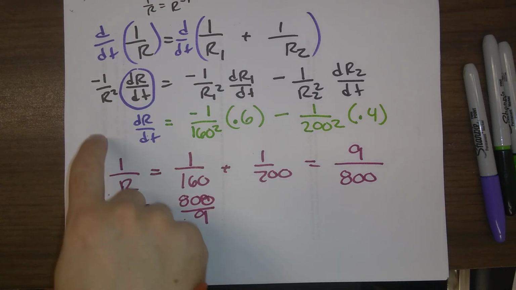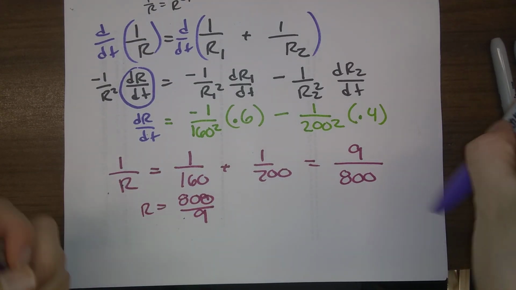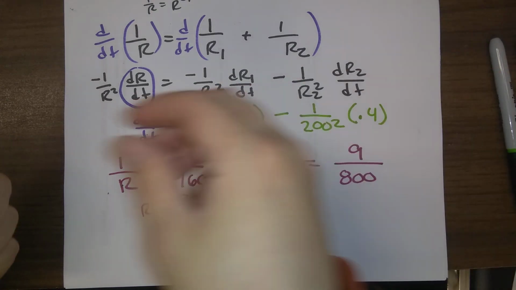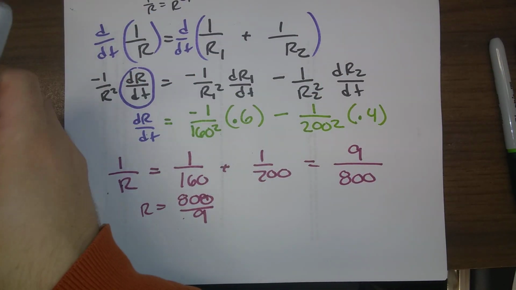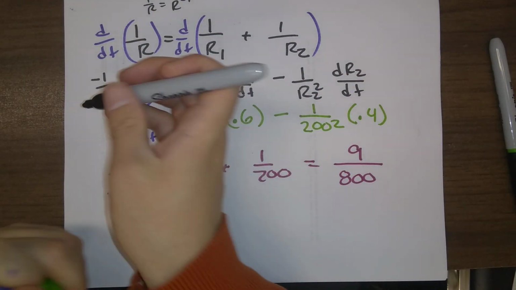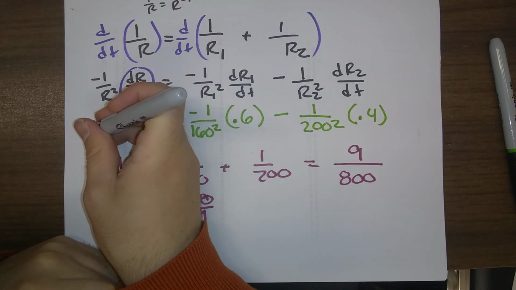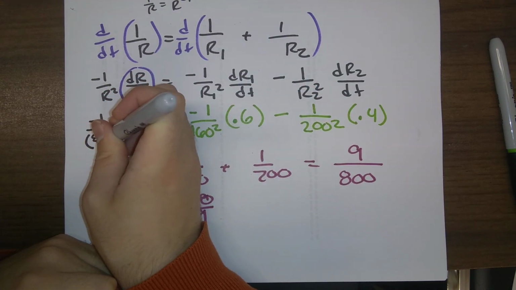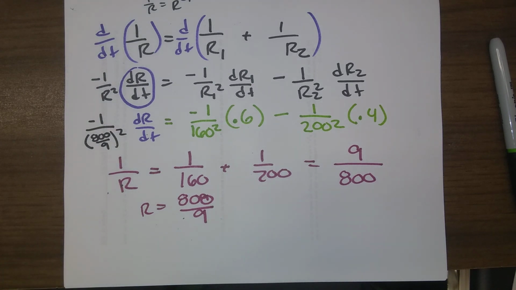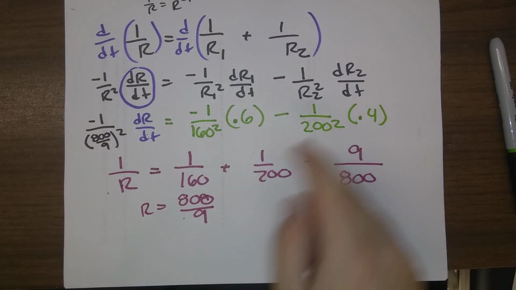And so this ends up being minus 1 over 800 over 9 squared times dR/dt is equal to this.